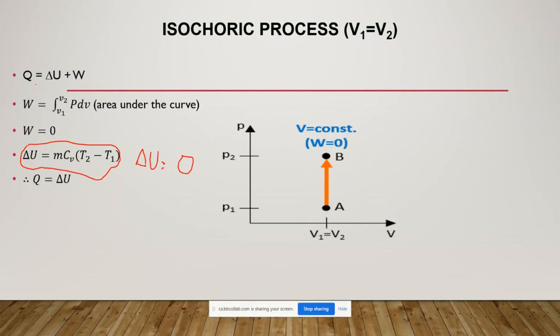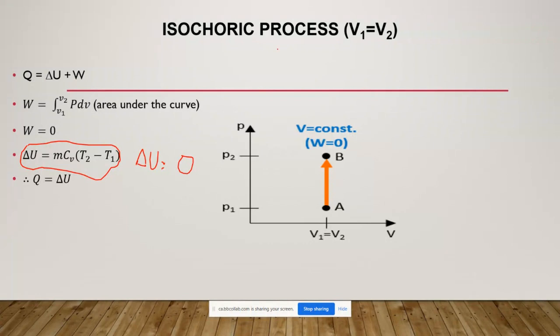But if it's a small q, small u, and small w, we are dealing with specific heat, specific internal energy, and specific work. The units for the capital letters are in kilojoules. If we are dealing with the small ones, it's going to be kilojoules per kilogram.